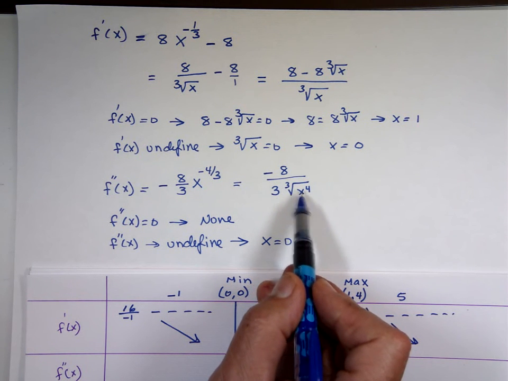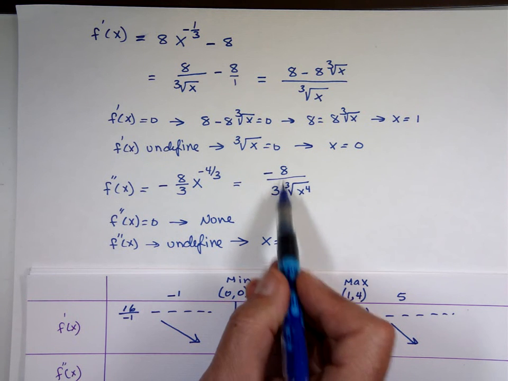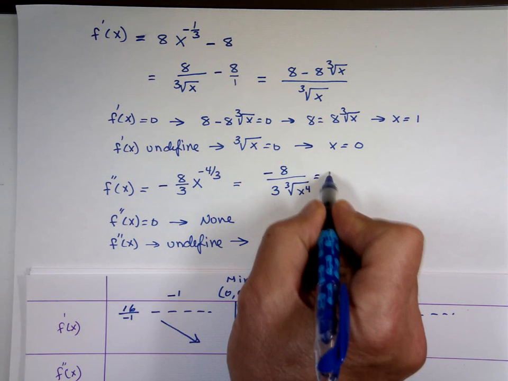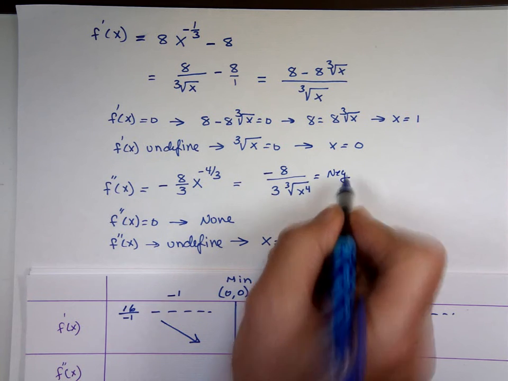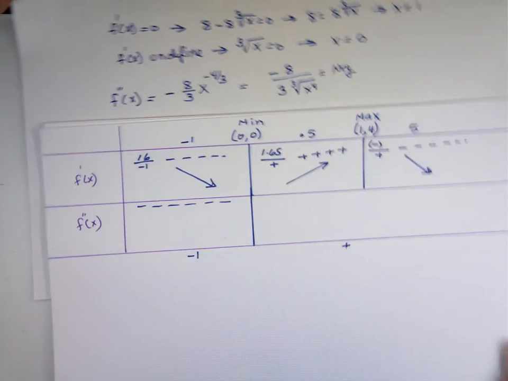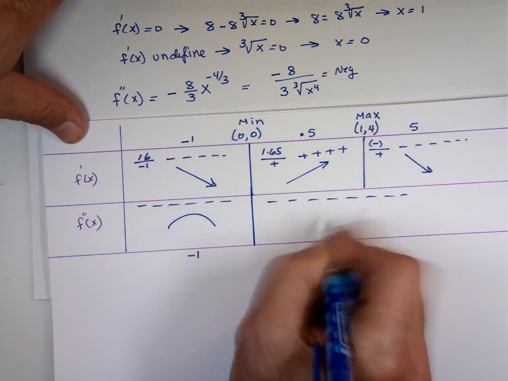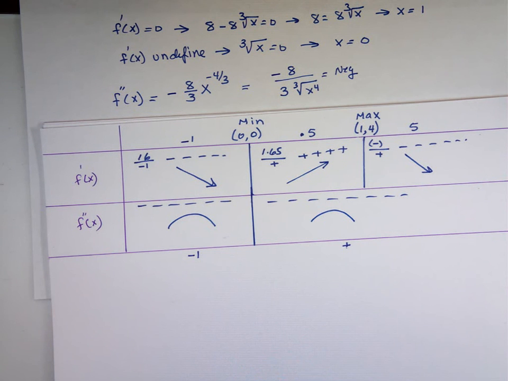What's a negative over positive? This is always negative, regardless what number you use. Doesn't matter what I use. Concave down. Concave down. Always negative on the top, always positive on the bottom. The result, negative by positive, is always negative.